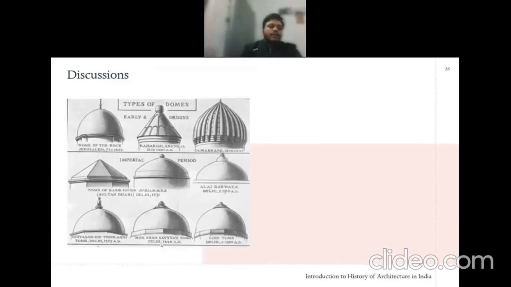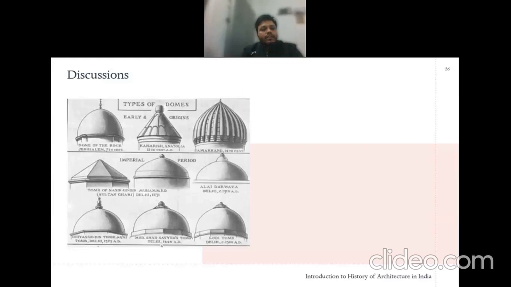The types of domes which were originally built, we can see through history, through various structures. The earlier domes, for example, the Dome of the Rock of Jerusalem of the 7th century. Then the earlier domes and their origins from Caesarea Anatolia in the 12th century AD, then Samarkand in the 14th century.